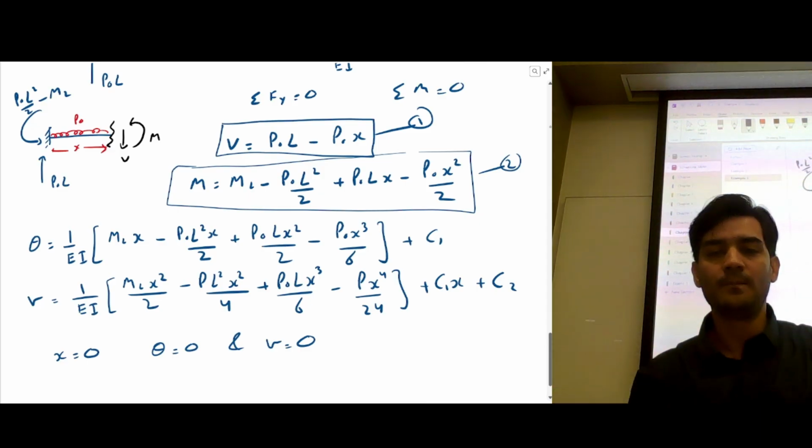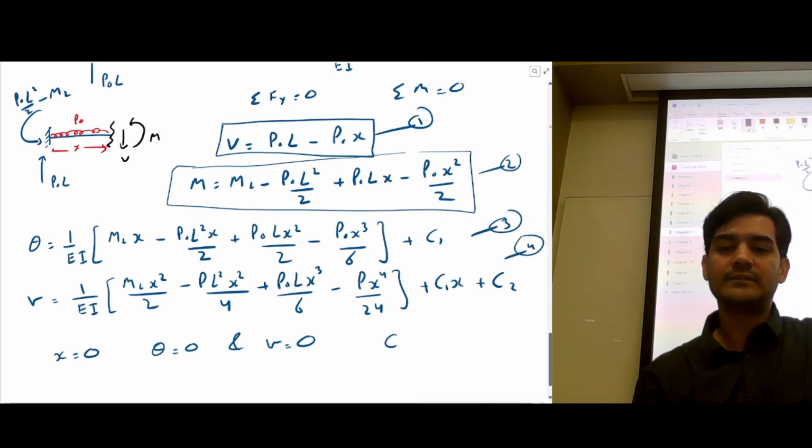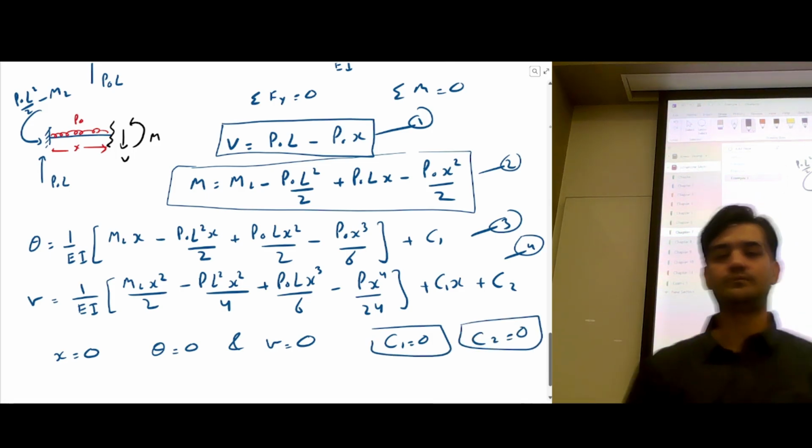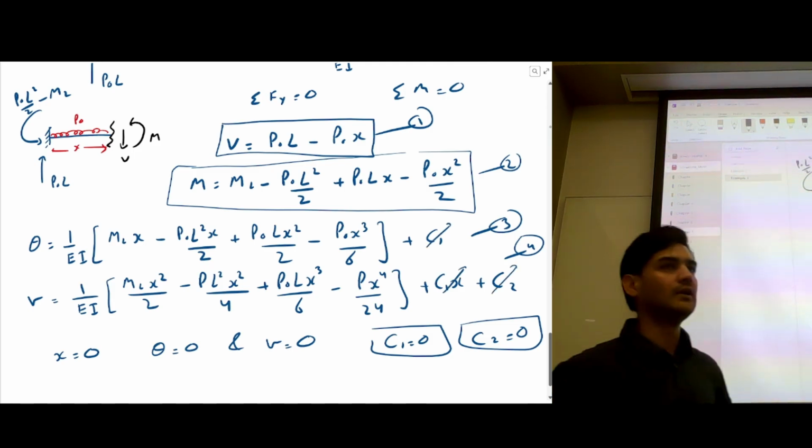So if you substitute this in equations 3 and 4, you're going to get C1 is equal to 0 and C2 is equal to 0. So basically I can just cancel them out because they're not going to play a role in our case.